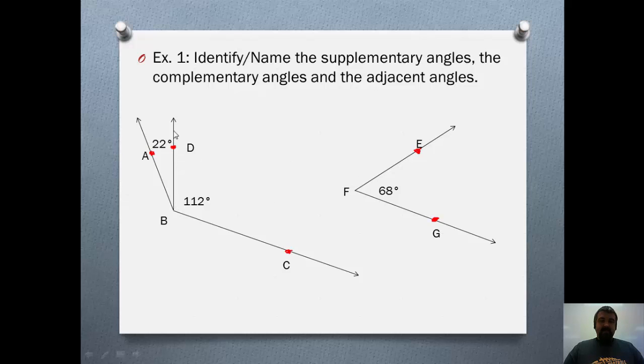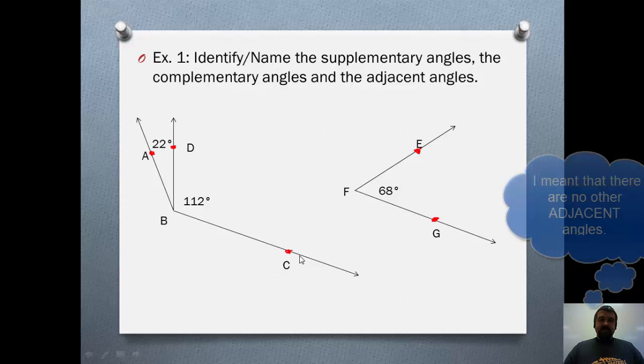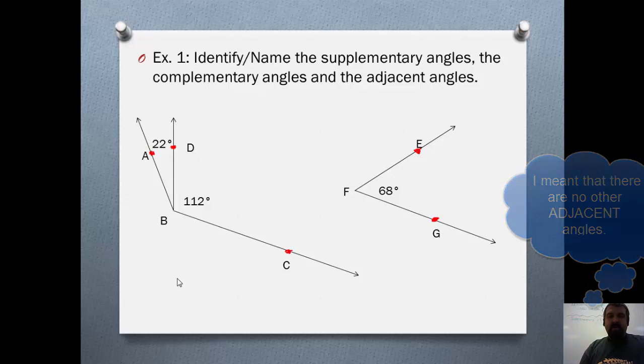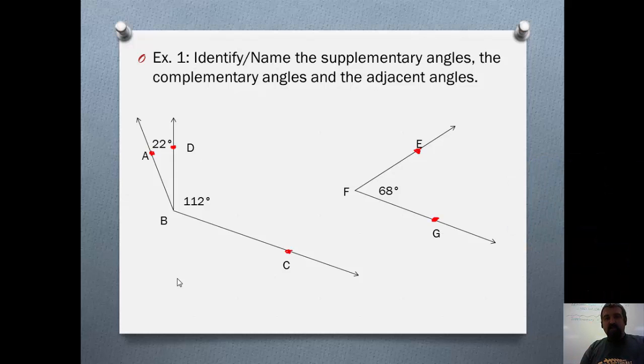I look here, this ray BD right here is the only ray that is part of two angles. So this is the only spot where I could have adjacent angles. Angle ABD and angle DBC are adjacent angles. I've written them up on the board behind me, but I'll zoom in at the very end with those answers.